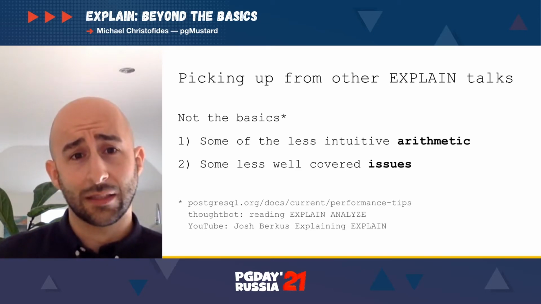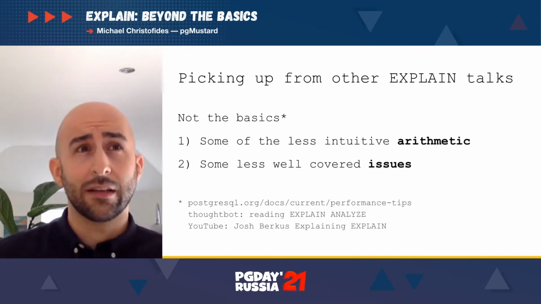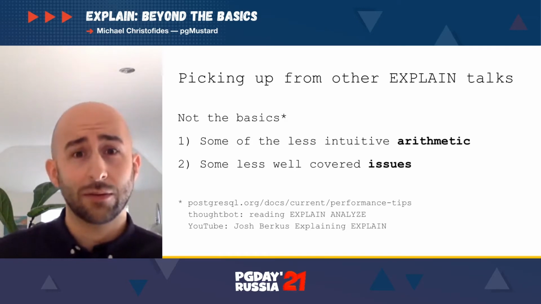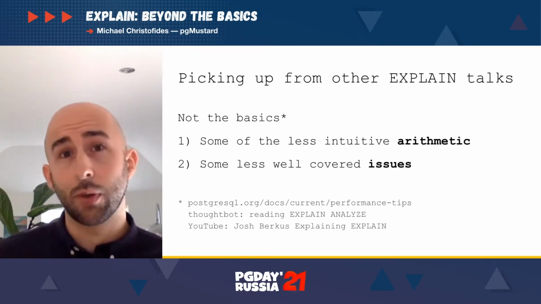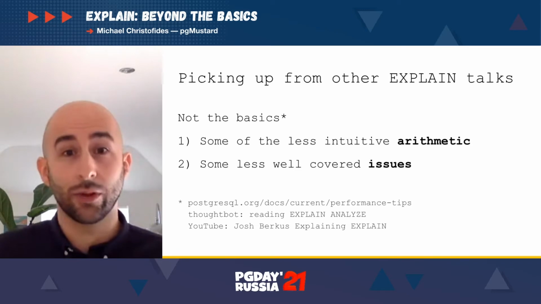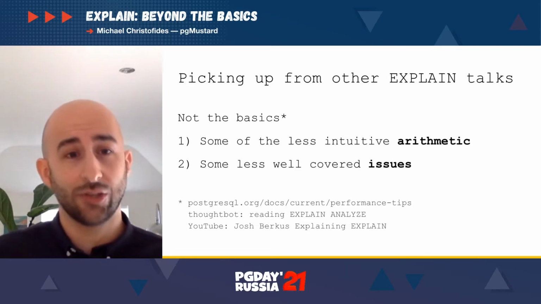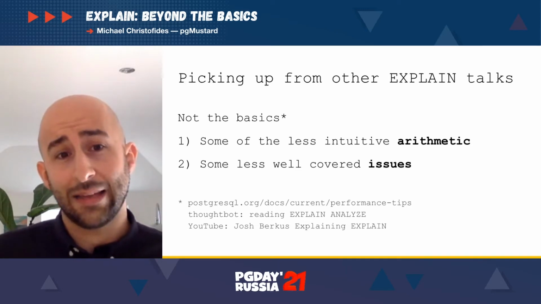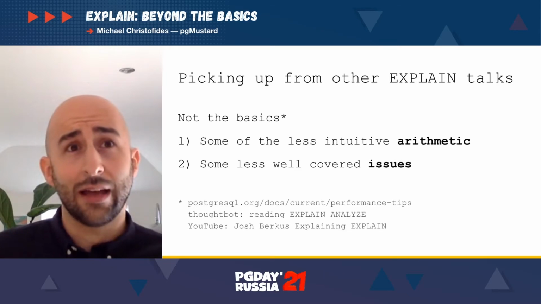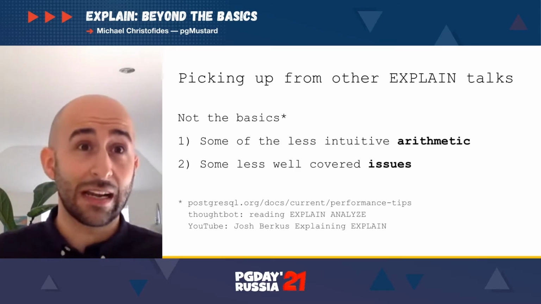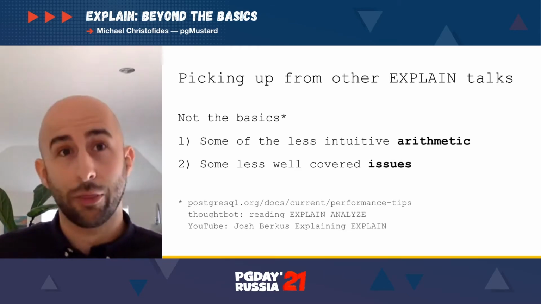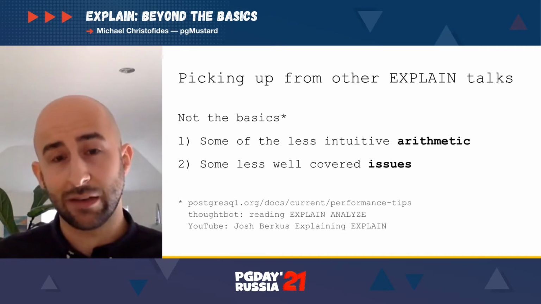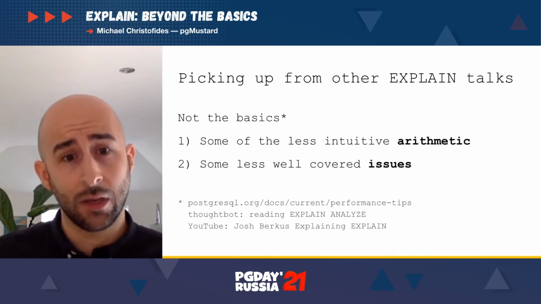Specifically, we are going to cover some of the arithmetic that you need to be able to do to calculate, for example, per operation timings or the number of rows returned at each stage, as well as some less spoken about and maybe slightly rarer issues that you can spot through Explain that maybe not everybody realizes that you can.